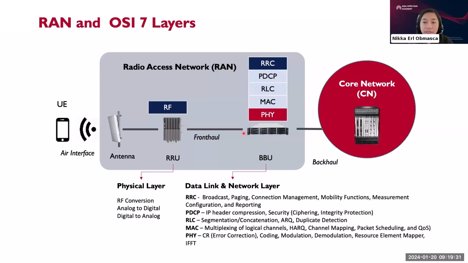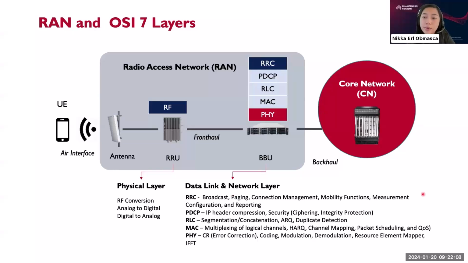In a RAN system, one of the key functions of this physical layer is to convert the radio frequency signals from analog to digital and digital to analog. Then we also have here the data link and the network layer.